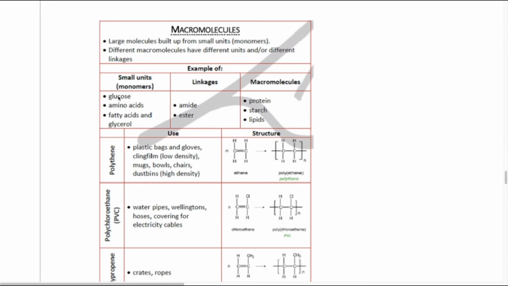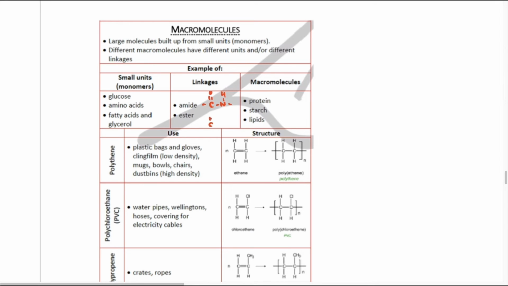So they may join up with what kind of linkages or chemical bonds. They can use amide or ester. In detail, which monomers use amide and which use ester is not so necessary to know, not that necessary for IGCSE. So what is the difference between amide and ester? Of course there is a difference. Amide is C double bond O, NH.